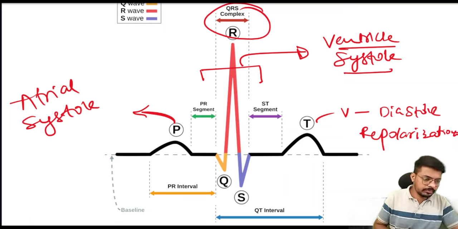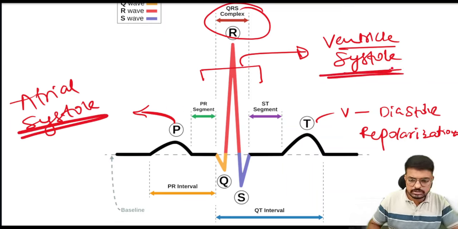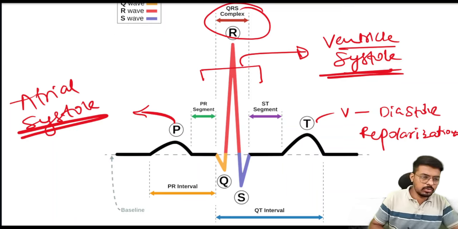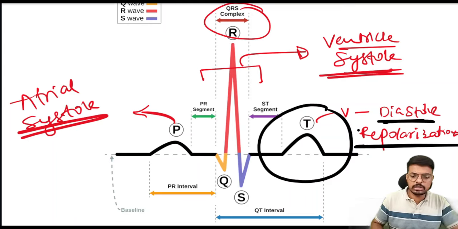Look at this one. Only one wave forms due to the repolarization or the diastole. That one is the T wave. The T wave is forming due to the relaxation. The T wave forms during the relaxation of the ventricles.